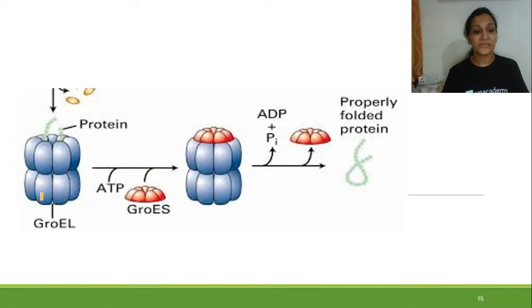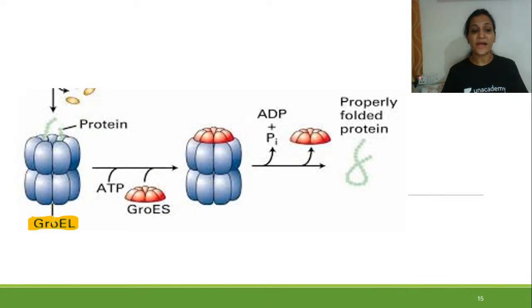So here, this is your GroEL, and the protein, which is just a polypeptide for now, enters inside the barrel. This is a two-layered barrel, and when the protein enters inside, it is an ATP assisted process. When ATP enters, a cap is added on the top of GroEL.